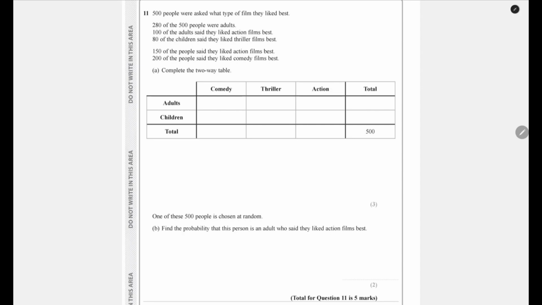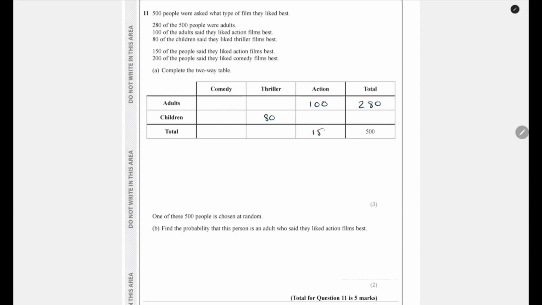We have 280 of the 500 people that are adults. So 280 here. 100 of the adults said they liked action films best. So 100 here. 80 of the children said they liked thriller films best. So thriller and children is 80. 150 of the people said they liked action films best.